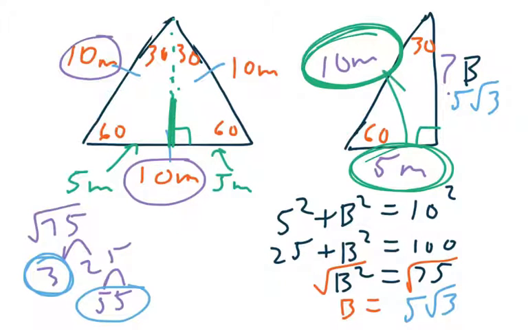The hypotenuse is always going to be double, or the short side times 2, isn't it? 5 times 2 is 10, okay? And the medium side, follow the green, guys, notice, is the same as the short side, except I times it by a square root 3.